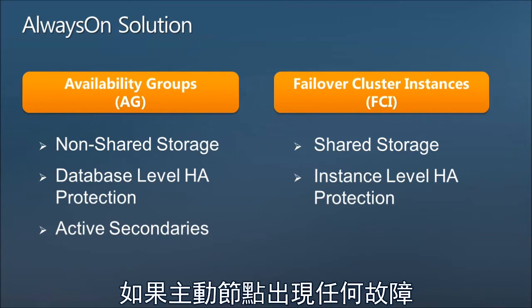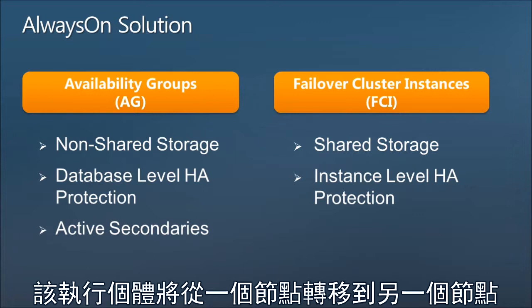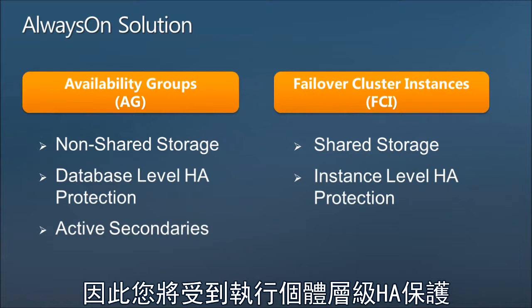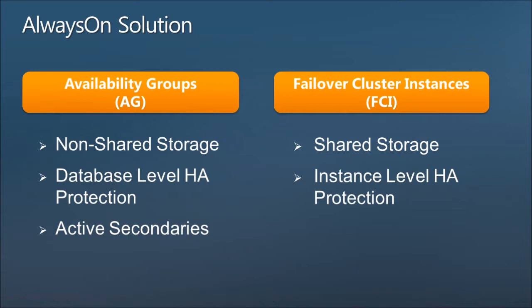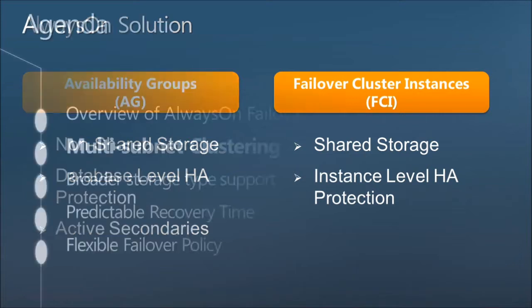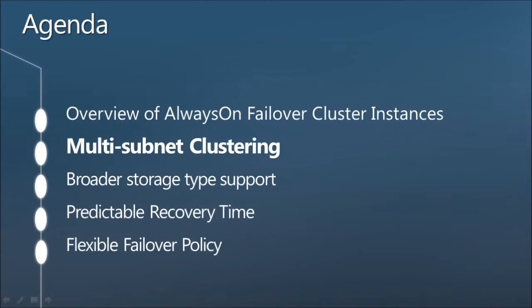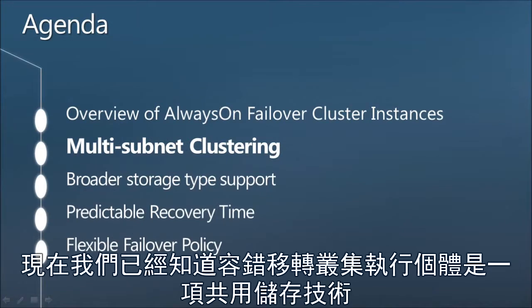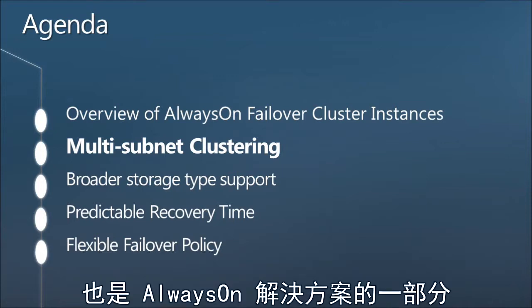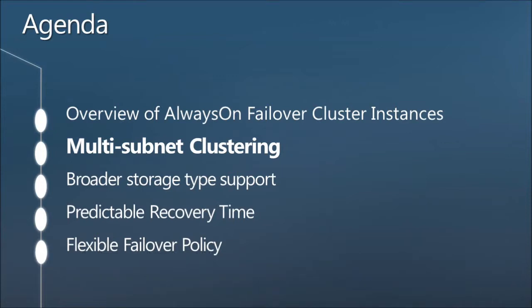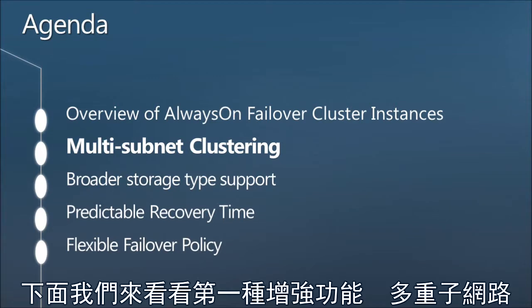If the active node has any failures, the instance will fail over from one node to another node. Therefore, you have instance level HA protection. Okay, now we know failover clustering is a shared storage technology, which is part of the Always On solution. Let's move to the first enhancement, multi-subnet clustering.